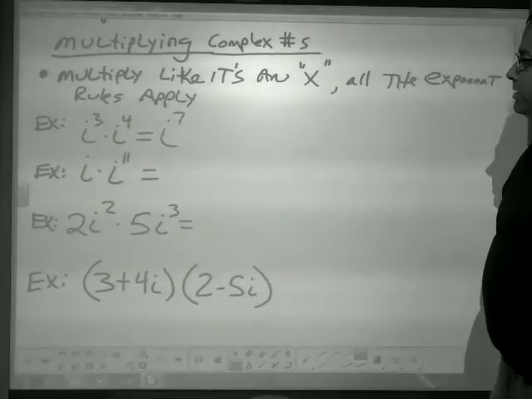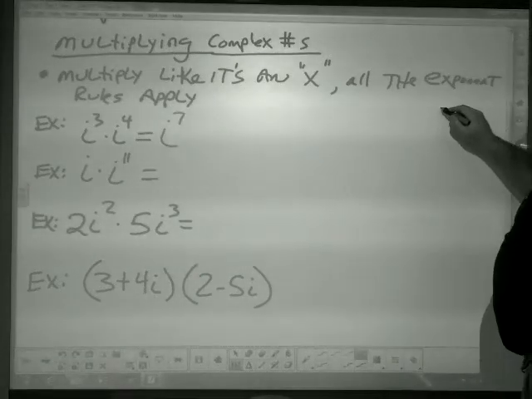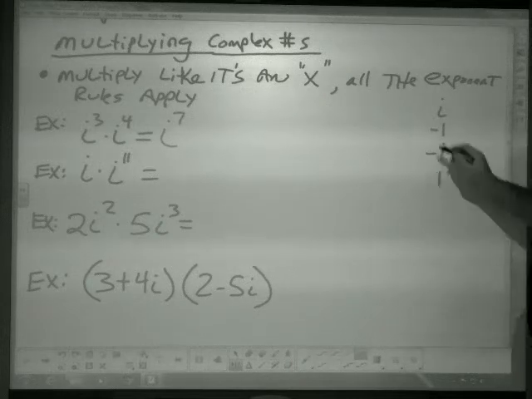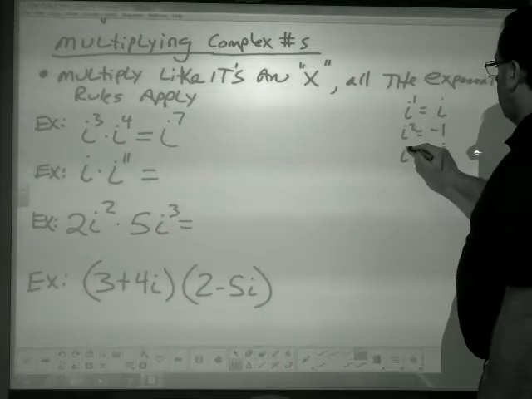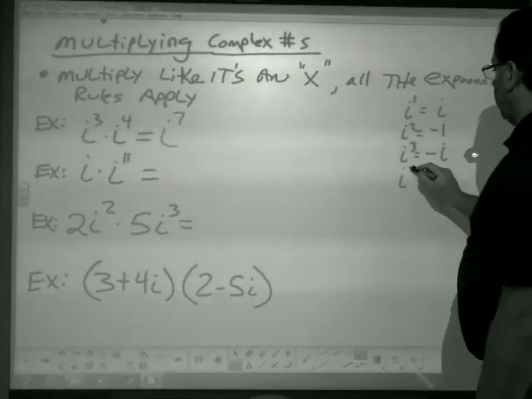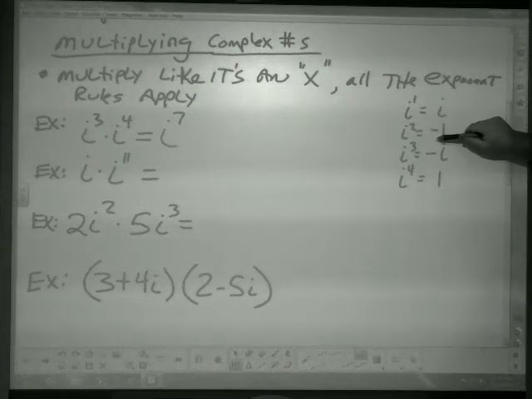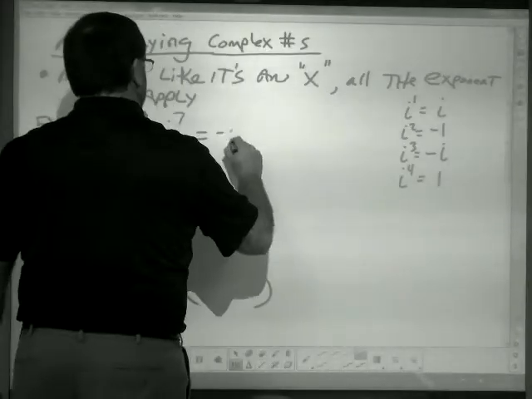All right, you have to put it in simplest form. So i to the seventh, well, if we go to our chart, we have i, negative 1, negative i, 1. Remember, i to the first, i squared, i to the third, i to the fourth. If you can remember those four, you can do i to the seventh. 1, 2, 3, 4, 5, 6, 7. Our answer is negative i.